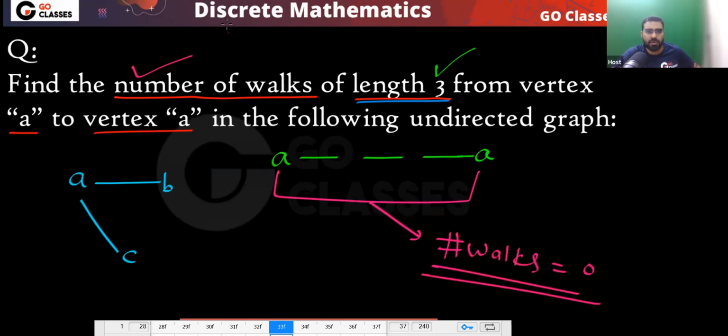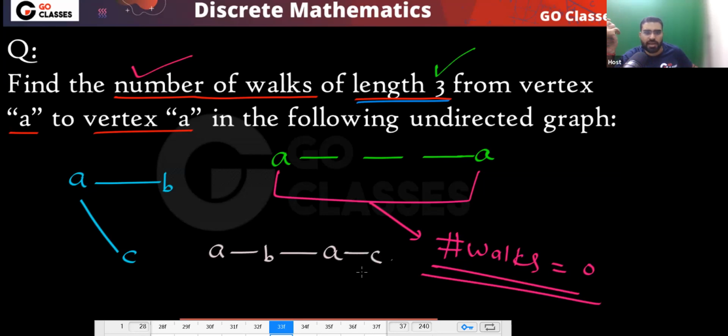Is this clear? Because you can easily see that from A, you want three edges, right? So what you can do, you can go to B, then you can come back to A. Now you can go to C, but then you need at least four edges.